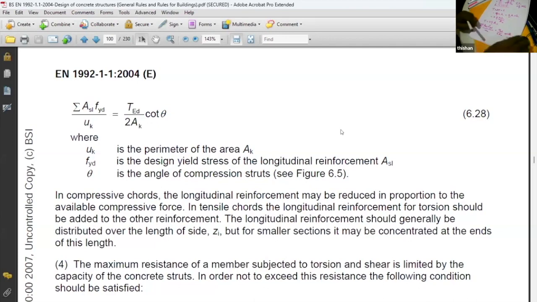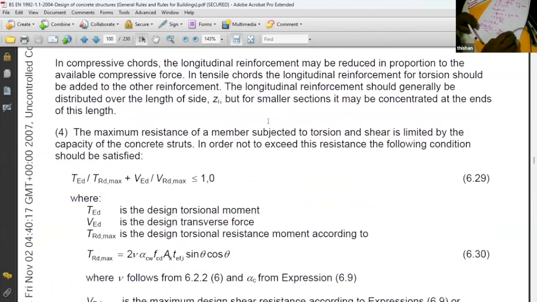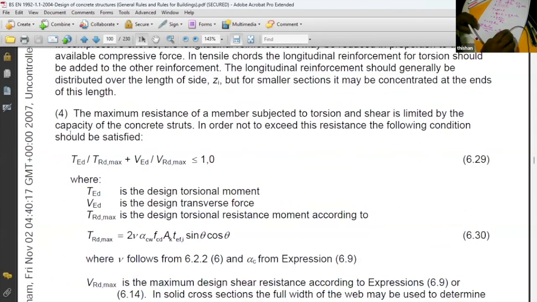Then it gives another equation, 6.29. Can you remember last time we used this equation to see whether the torsion is excessive or not? Because there's no point in finding torsional reinforcement if torsion is excessive, right?